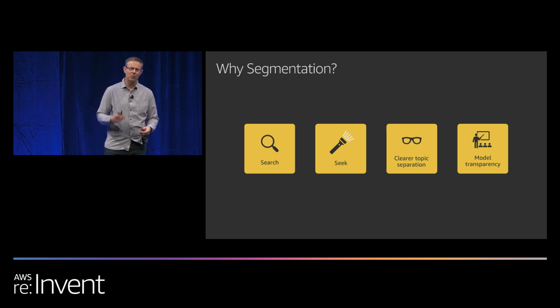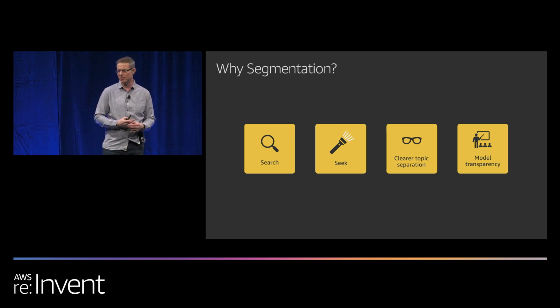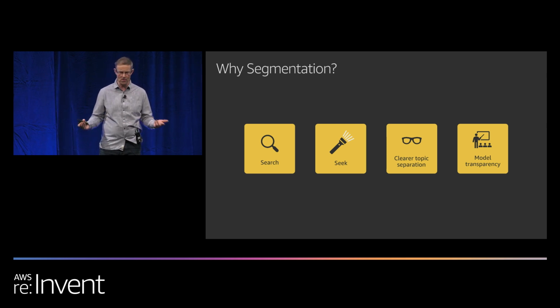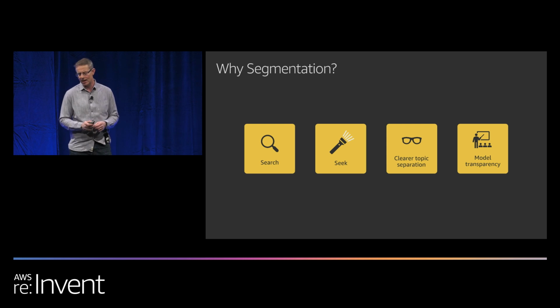We can also present to them related segments that might also be of interest in different programs. There's also clearer topic separation and model transparency, to allow us to validate the results that we get from the other engines more easily on smaller segments rather than bigger programs.